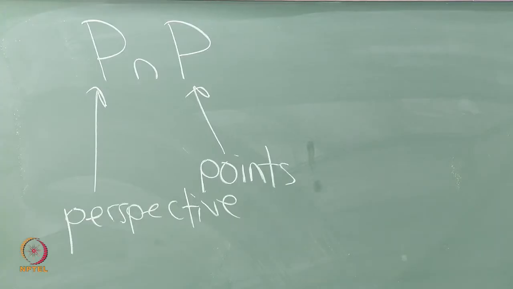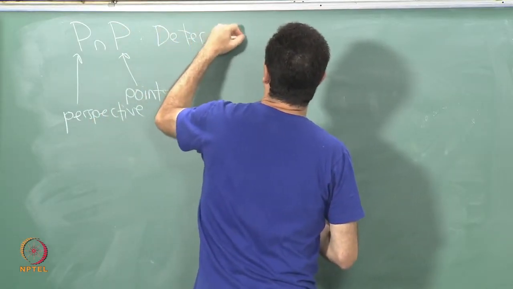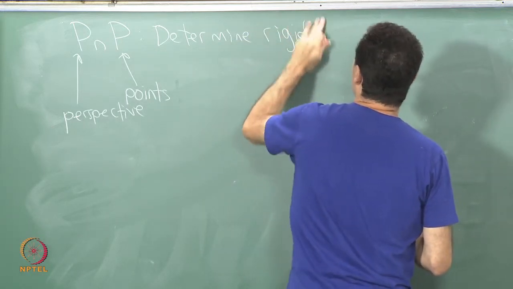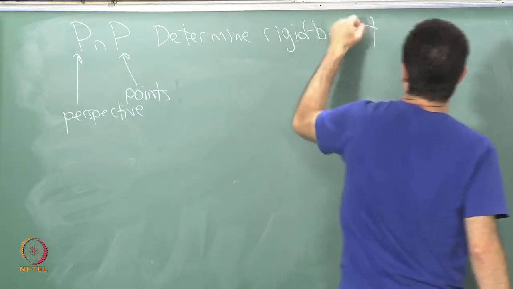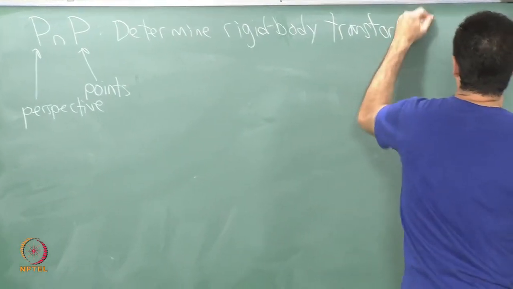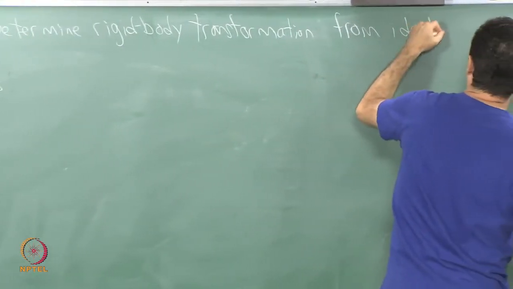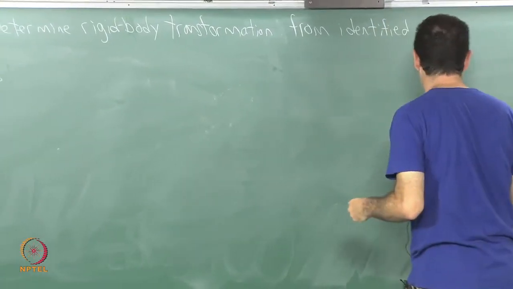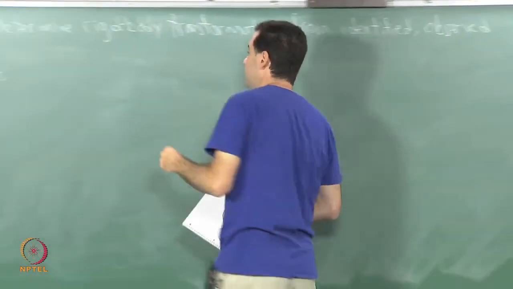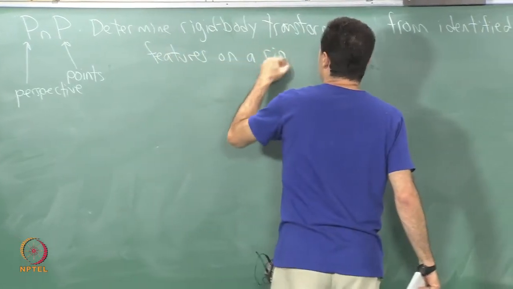So the perspective-n-points problem: determine the rigid body transform, the same transform we've been doing all along here, from identified, observed features on a rigid body.